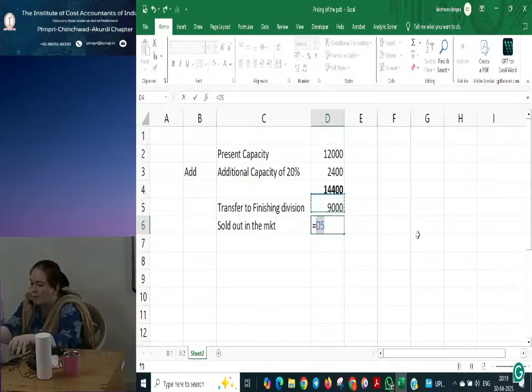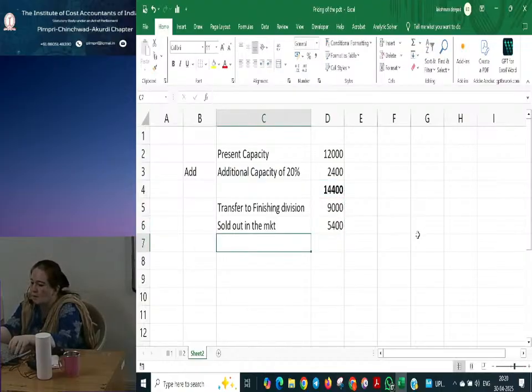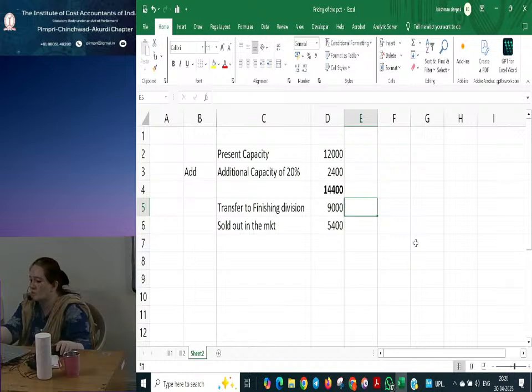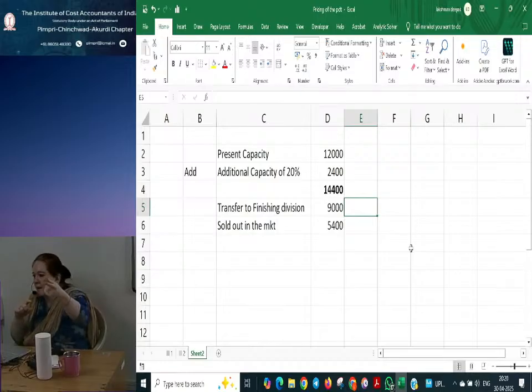It will be 14,400 minus 9,000, which is 5,400. So the 20% capacity that is getting expanded will go to direct sales to the market and will not affect the transfer to the finishing division. Got it? Am I clear?